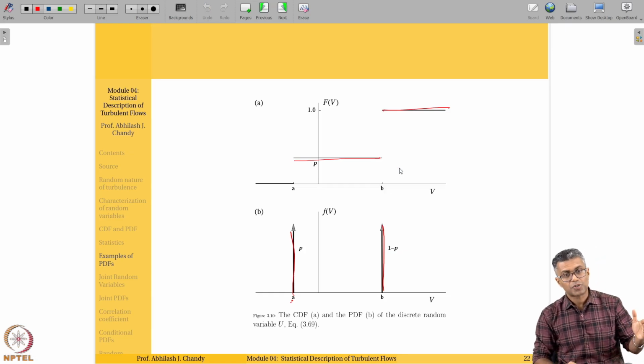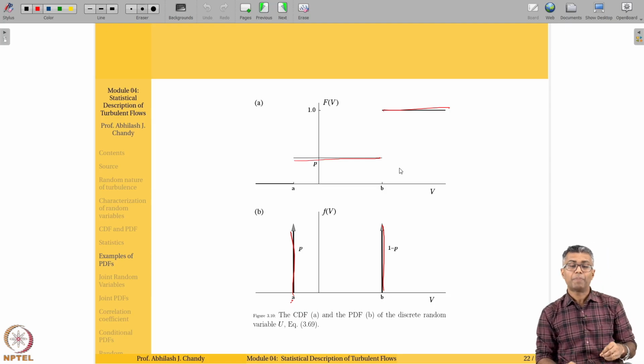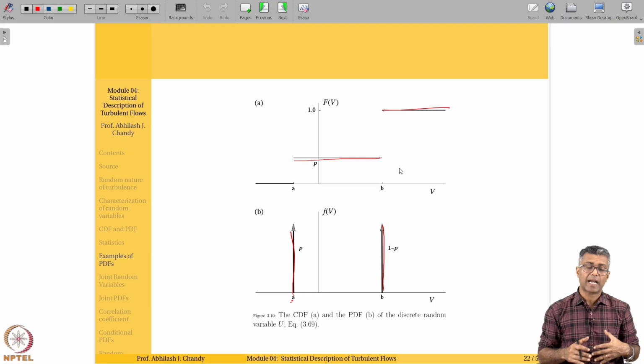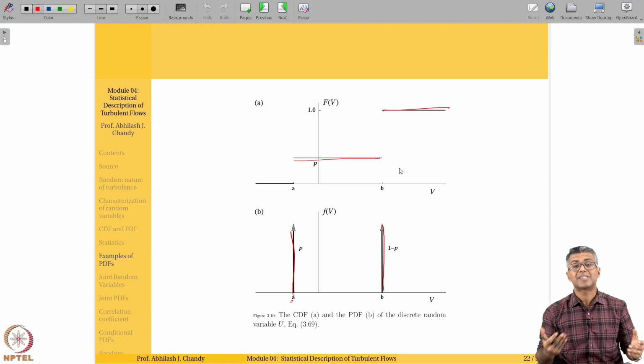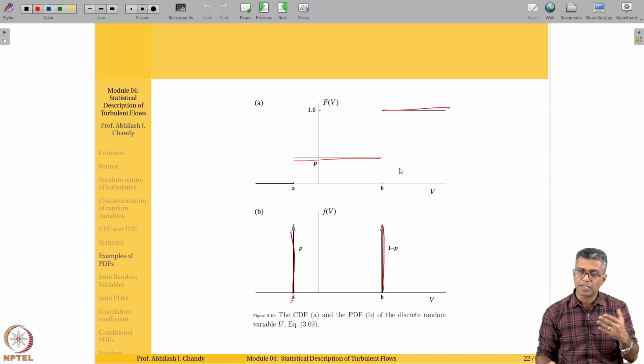We saw these different distributions where you had CDFs and PDFs. These were just examples of different random variables that you could have, different ways you could characterize a random variable. Depending on your application, you could characterize your flow behavior by one of these standard random variables. Although typically we don't tend to characterize velocity by, say, a gamma distribution or a log normal distribution.